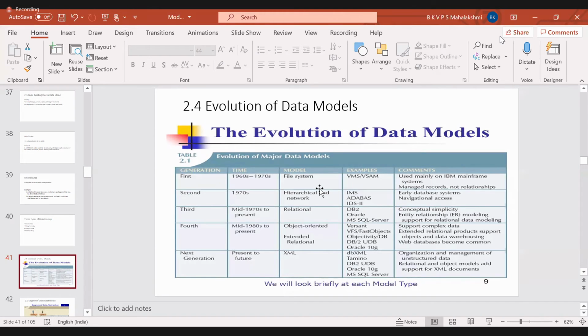Even in the mid exams they will give you an MCQ like whether this particular example belongs to this generation or not. So you will get questioned like that. And remember the generation duration period. Just look into this data model.